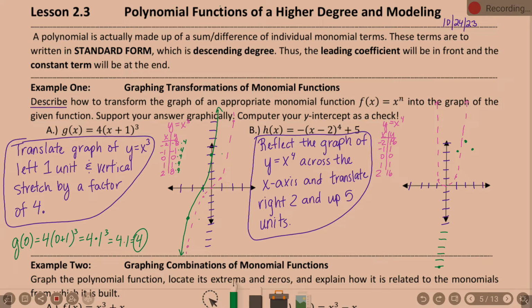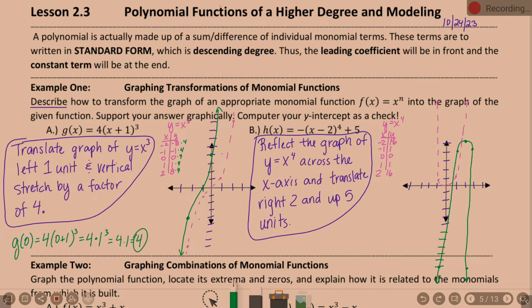Not that you have to add that, but the point is that this is going to be pretty skinny. It does not get wide as fast as a parabola does. And that's because of the higher power. Okay? So those are a basic x cubed graph, a basic x to the 4th graph.